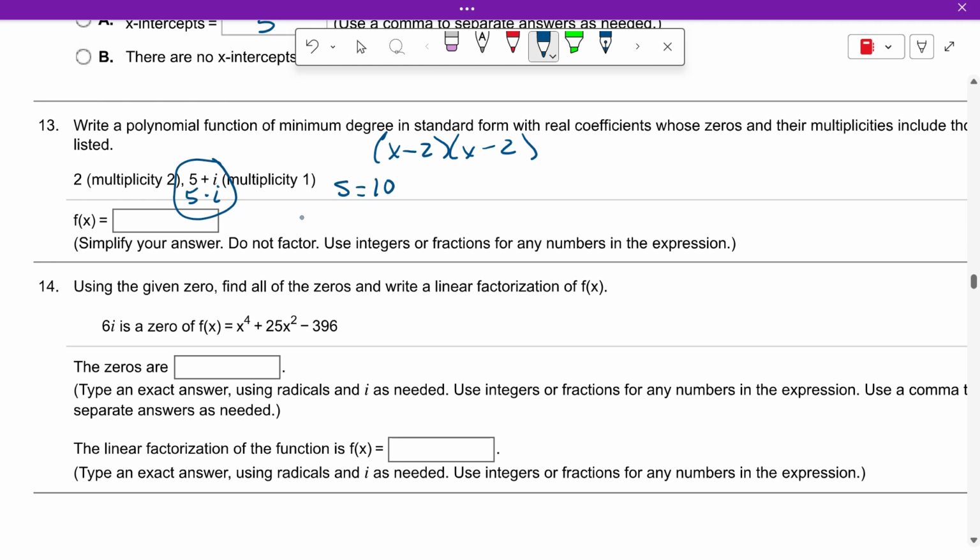Their product, if we FOIL 5 plus i times 5 minus i, we get 25 plus 5i minus 5i cancels, minus i squared, or 25 minus a negative 1, or 26. So our other function is x squared minus 10x plus 26. It's x squared minus the sum of the roots times x plus the product of the roots. And I can put that formula on the board if we need it for tomorrow. So if we FOIL this, it's x squared minus 4x plus 4.